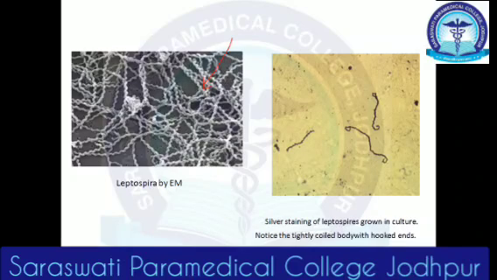With silver staining, we find they have a spiral structure, but at the end of their body we find the presence of hooks. These hooks help them attach to a particular tissue and invade it.